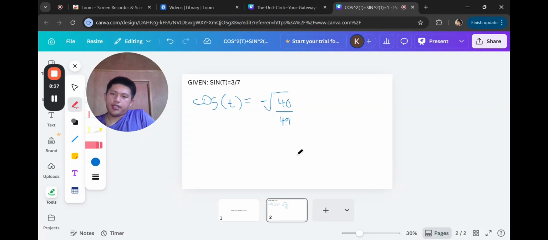So guys, as you can see, you need to solve for this, and it is equals to this negative, then over here.